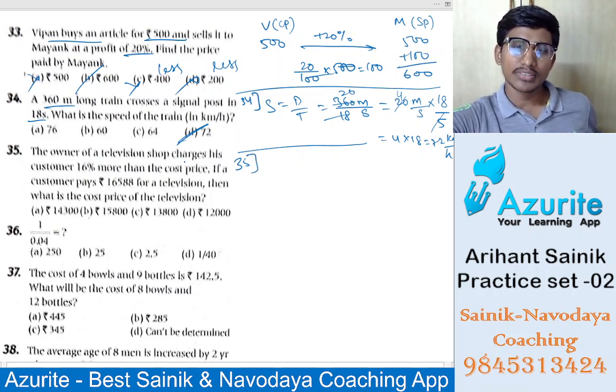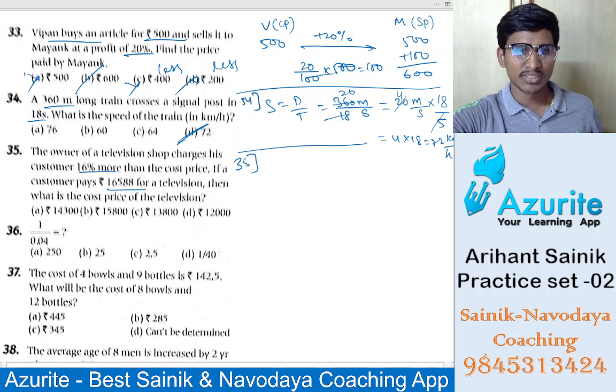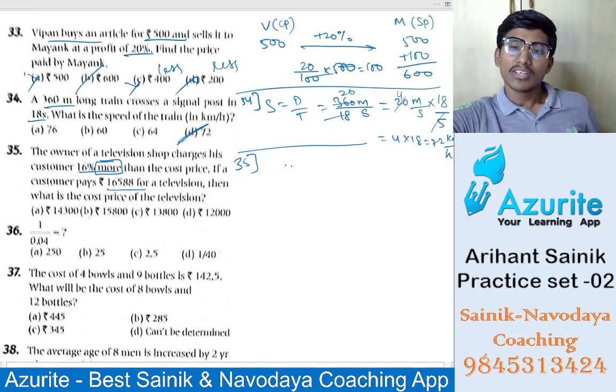The owner of a television shop charges his customer 16% more than the cost price. If the customer pays this much, then what is the cost price of the television? 16% more means that is the profit. Let's take the cost price as 100%.